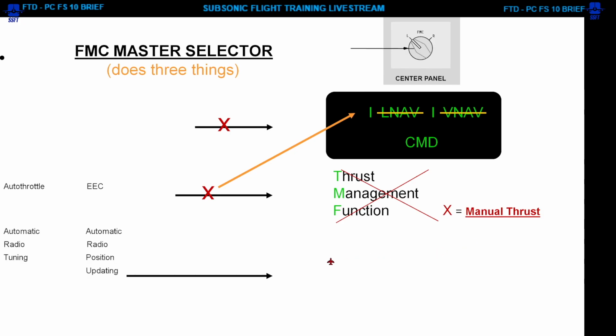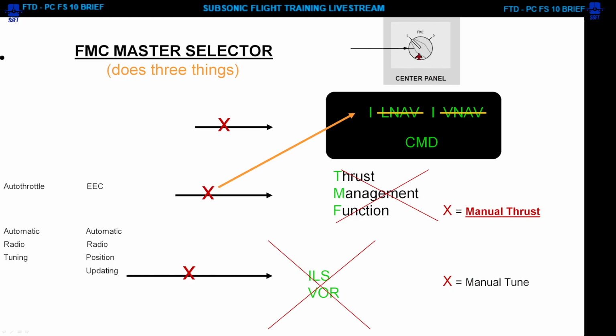The other thing that the master selector does is it gives information to the nav radios for automatic radio tuning and position updating. So we're going to lose that function as well, and we're going to have to manually tune things like the ILS or the VOR frequency if they're not tuned already. You would lose the ability to automatically tune nav aids like we have in normal function.